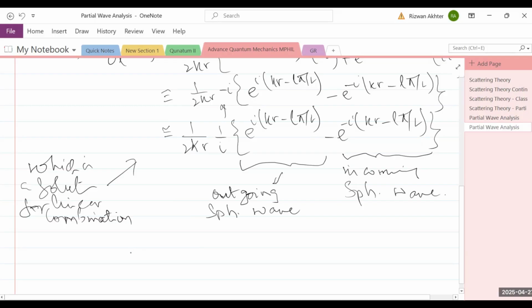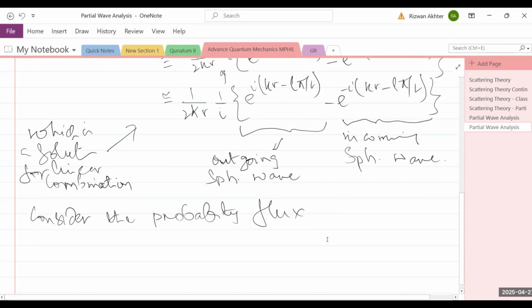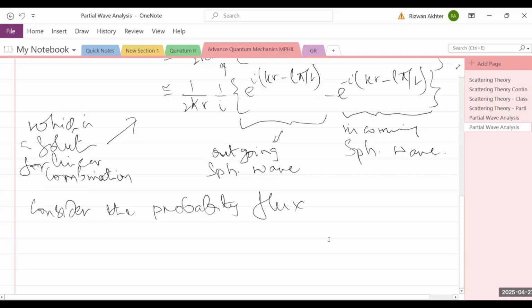And if the probability flux for the two parts is the same, then it in fact confirms that there is no scatterer. So let's say we consider the probability flux of the two parts. We want to calculate the probability flux for the outgoing and the incoming.